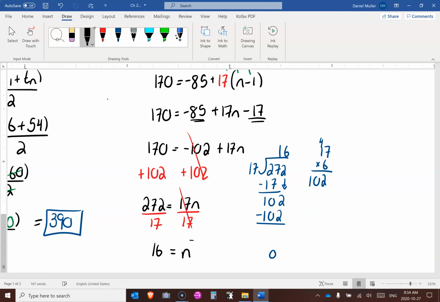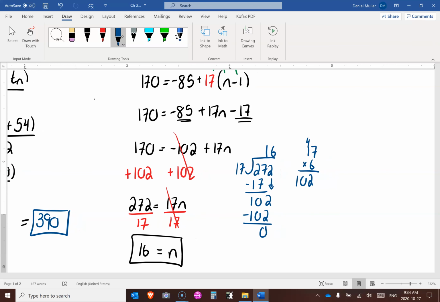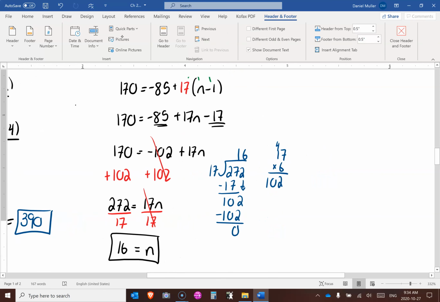So definitely a lot of work there to find n, because I didn't know how many times 17 went into 27, or sorry, 272, but then I didn't even really know how much 17 went into 102. So I had to do some multiplying over to the side. And for some reason I was able to kind of guess that the 17 and 6 is 102. Okay, great.